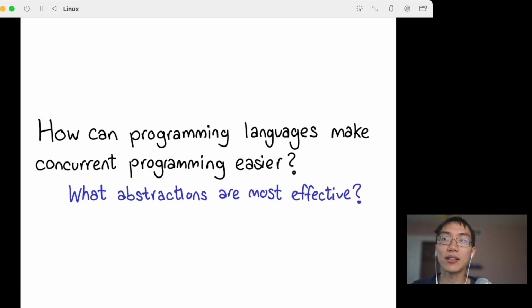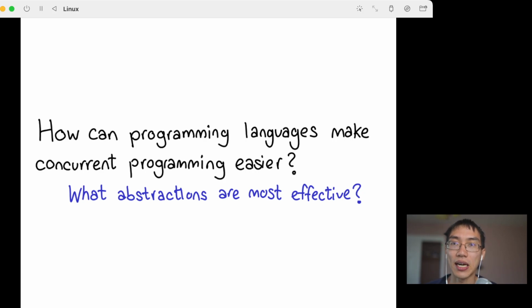Now, we can try to handle the abstractions necessary for concurrency purely as a software library concern. So someone writes a programming language, they pay no attention to concurrency, and then in some situations, it may be possible to write a bunch of libraries that let you deal with concurrency in a reasonable way.